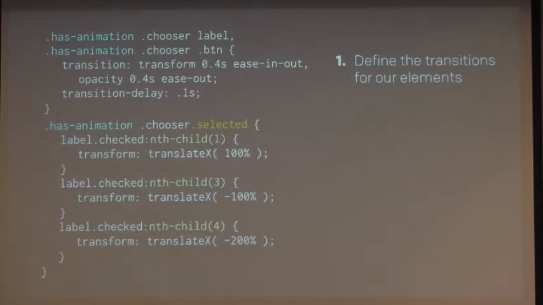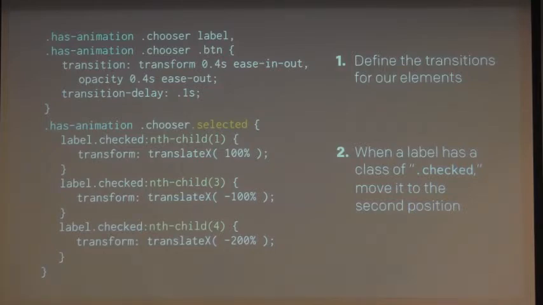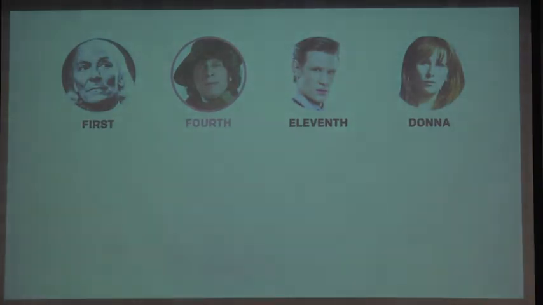We're going to define some transitions at the top level. And then whenever a label has a class of checked, we're going to use translate transforms to slide it into that second position. Now, I wrote this, and I barely understand how it works. But basically, in this four across row, we understand that that second position is the terminal position for anything the user selects.